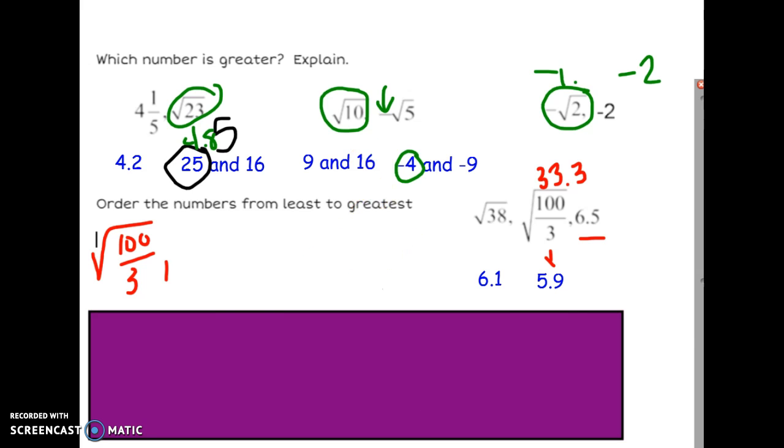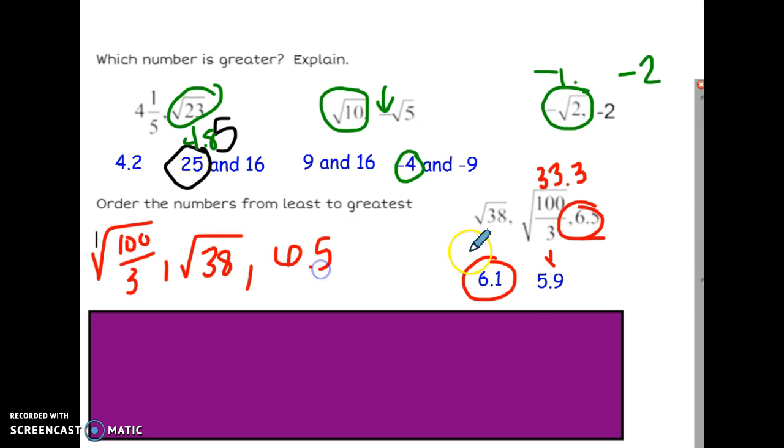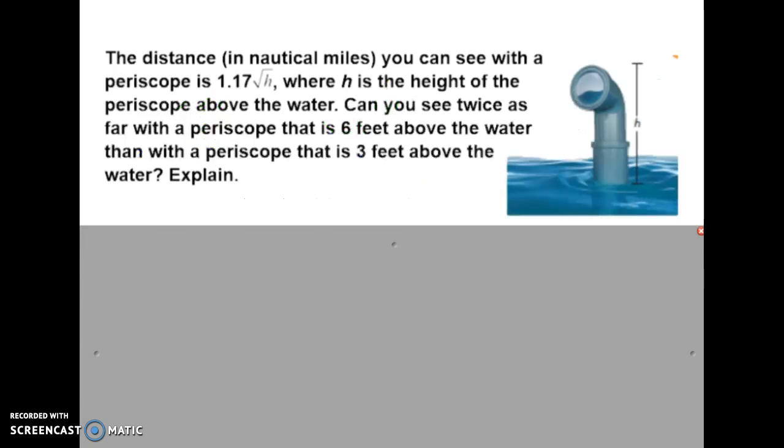All right, next I have either 6.5 or 6.1-ish. I don't know exactly what that is, but it's got to be close. So smallest to greatest, that's going to be the square root of 38. And finally, 6.5. Now remember, you're not going to have a calculator, so you're going to have to be working on estimating these.